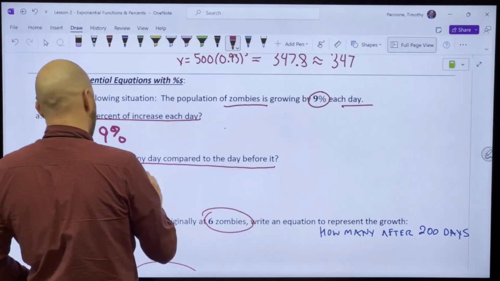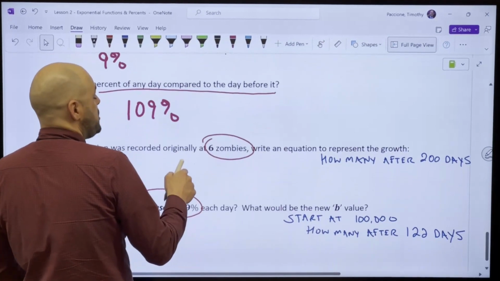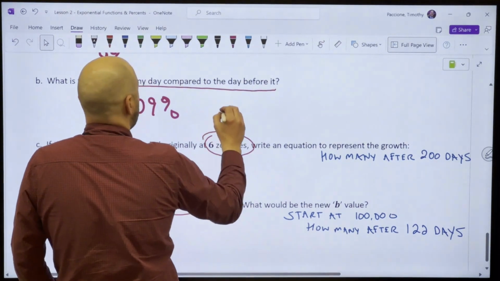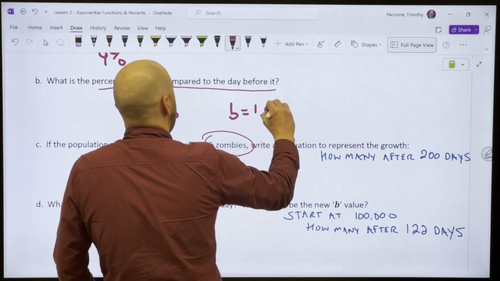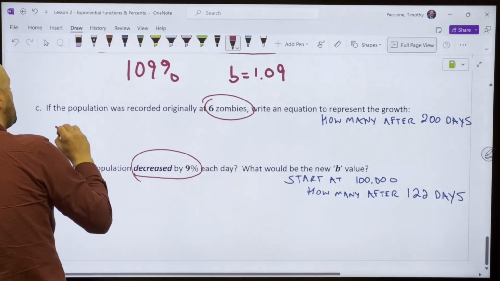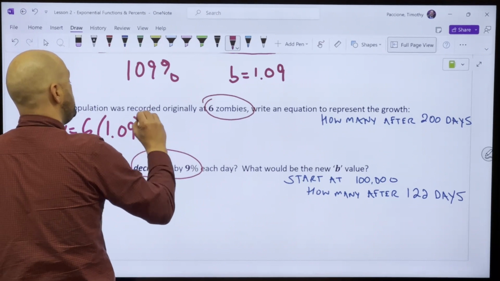That's what you would say. Okay? So if the population was originally at 6 zombies, well, we got our B. Our B will be 1.09, right? And our starting is 6, so it's y equals 6 times 1.09 to the x.